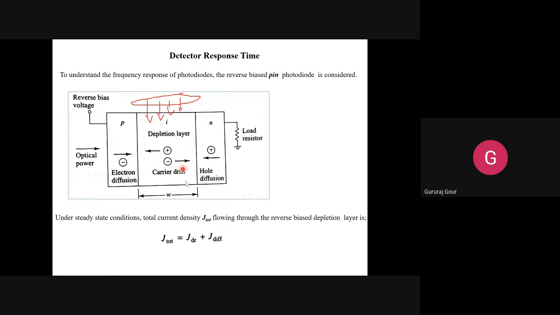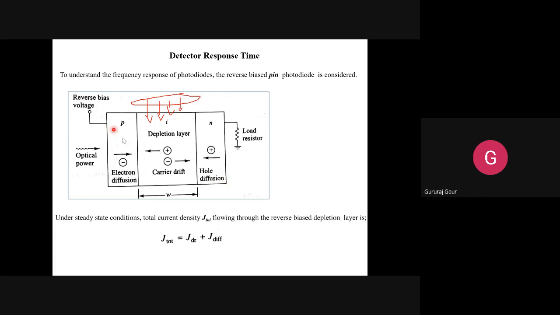And EH pairs will be generated, and carriers will be generated. They'll try to drift from the I region to the P and N regions. So the carriers generated in the depletion region will try to drift away from this depletion region, and the carriers which are generated in the P and N regions try to diffuse into this reverse bias region. So two kinds of carriers are generated, based on how they are going to move.